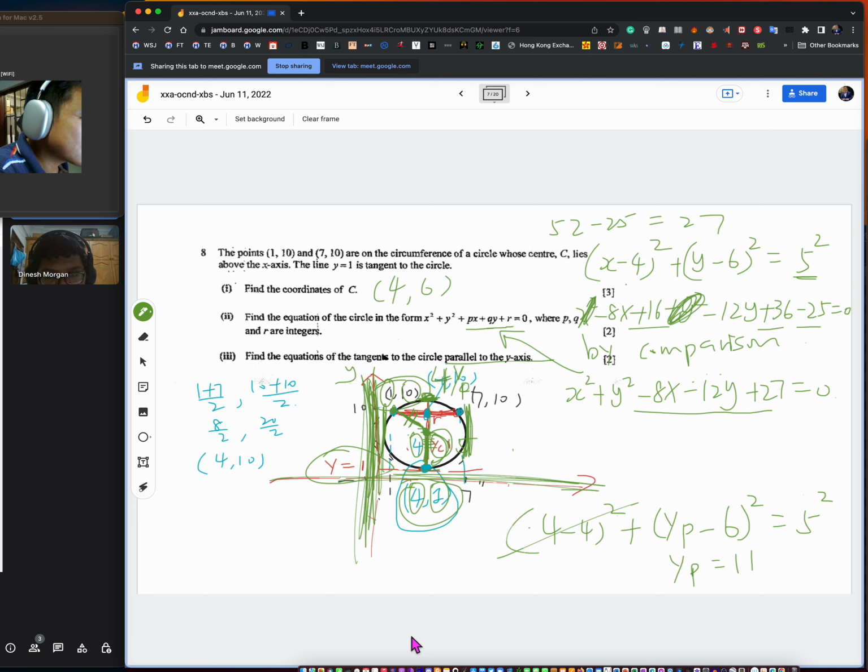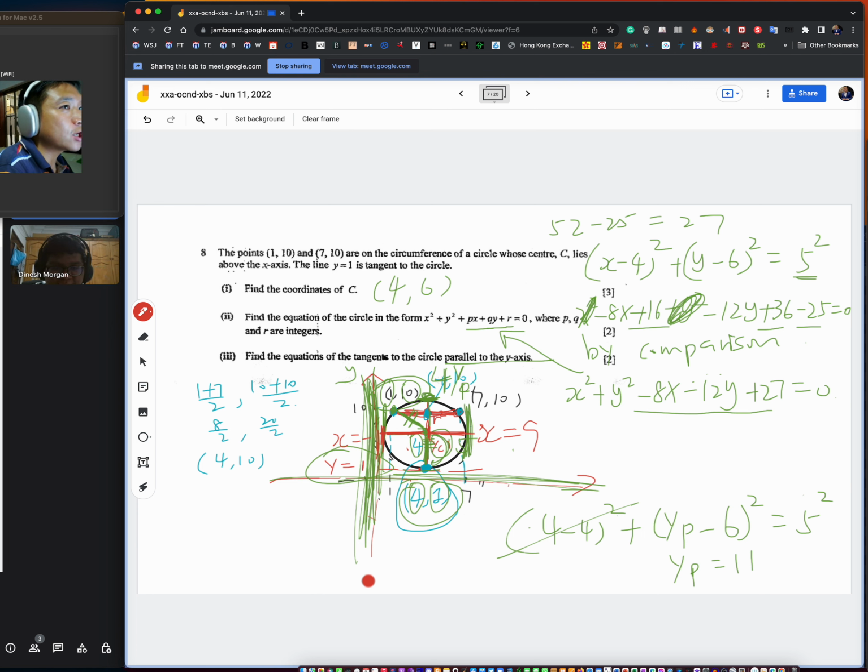It needs to be 5 away from the 4. So this is x equals to 9, and this is x equals to minus 1. So in fact, I have found everything. Whatever the question asks, you just give it to them.